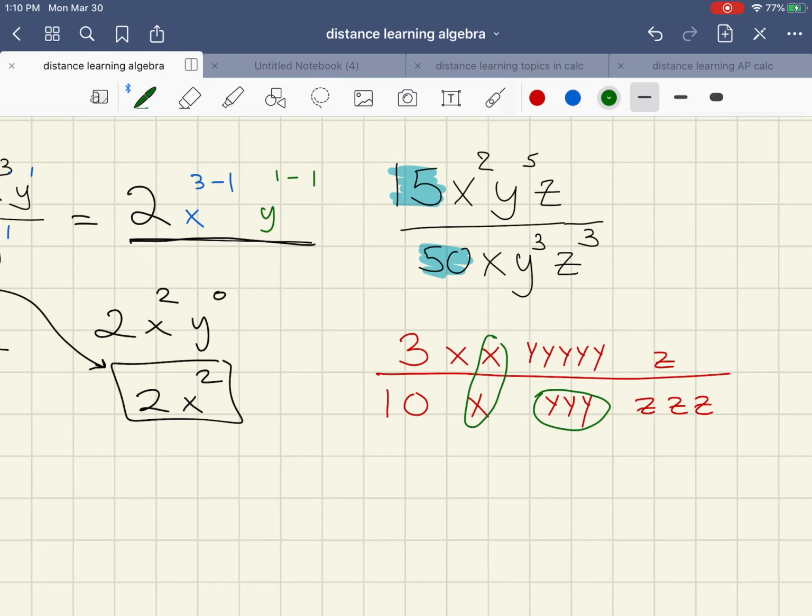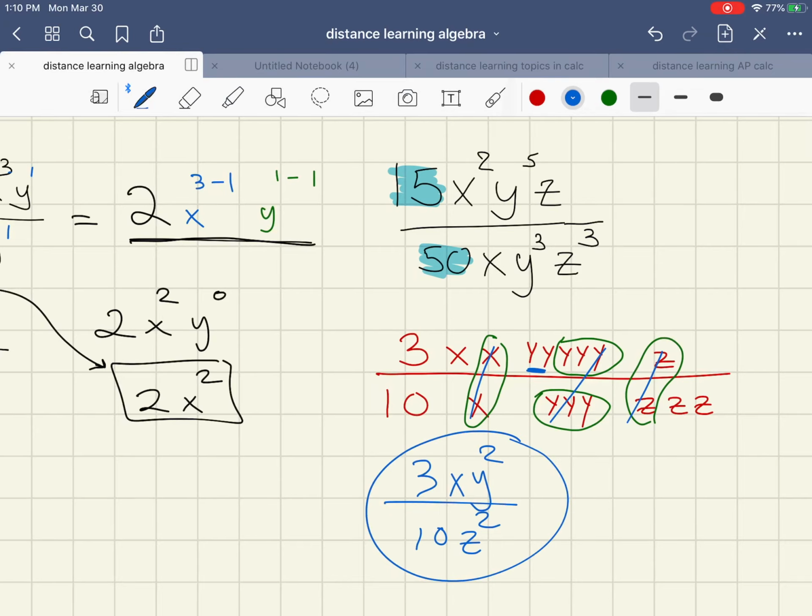I can group all 3 of these y's to cancel all 3 of these y's. And cancel this x with that, this z with that z. And I would end up getting 3x y squared. No z's, no x's there. And on the bottom, I would get 10z squared.